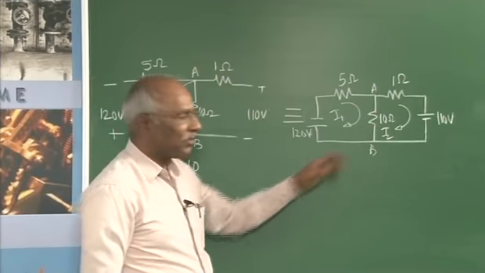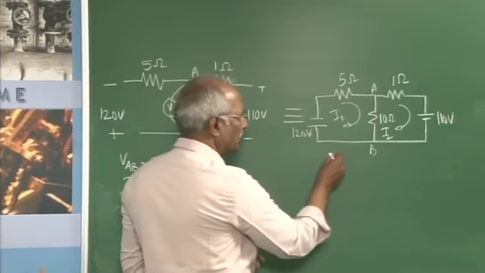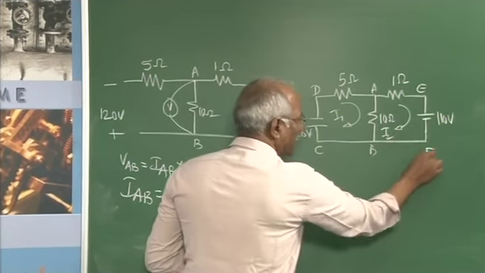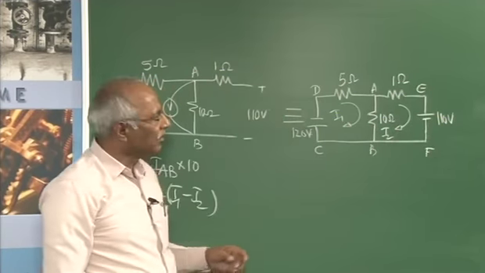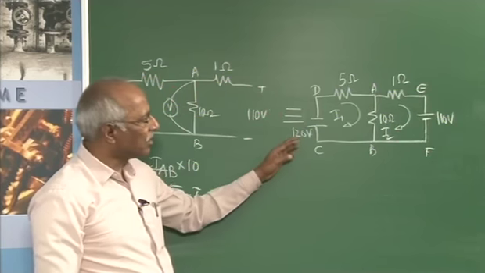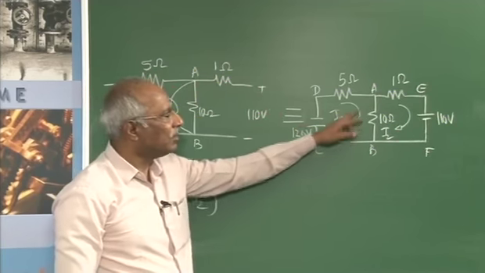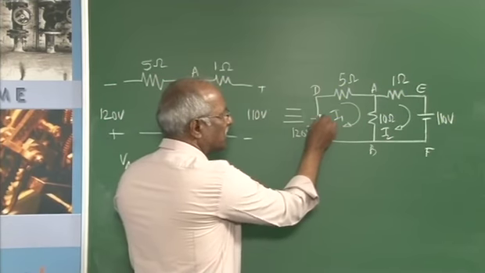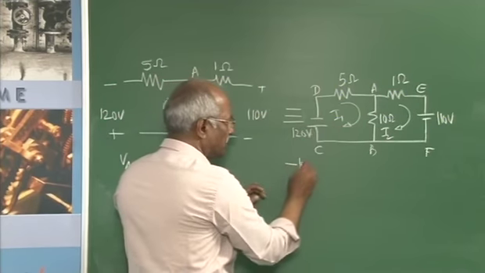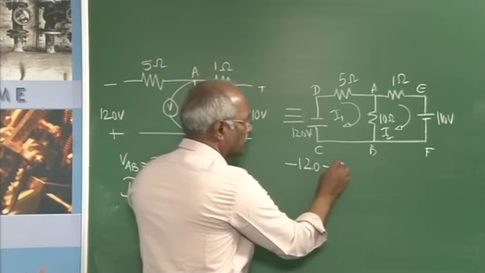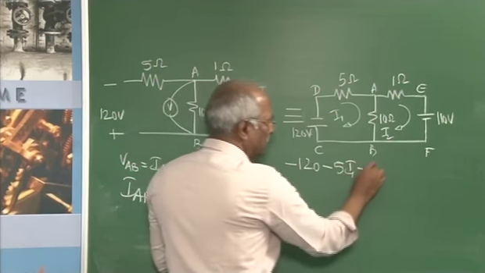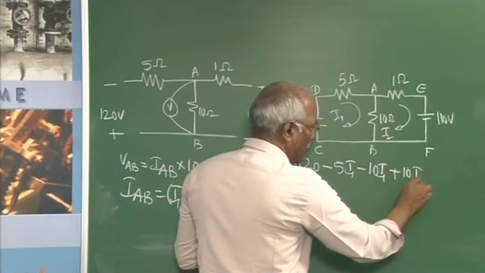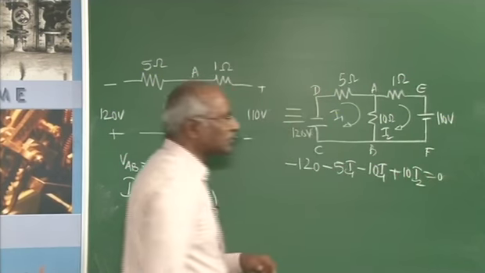Apply Kirchhoff voltage law here. Maybe it's a repetition, however, it gives us an idea how to calculate the voltage across this. In this loop, going from minus plus to minus, 120 minus 5I1 minus 10I1 plus 10I2 equal to 0.